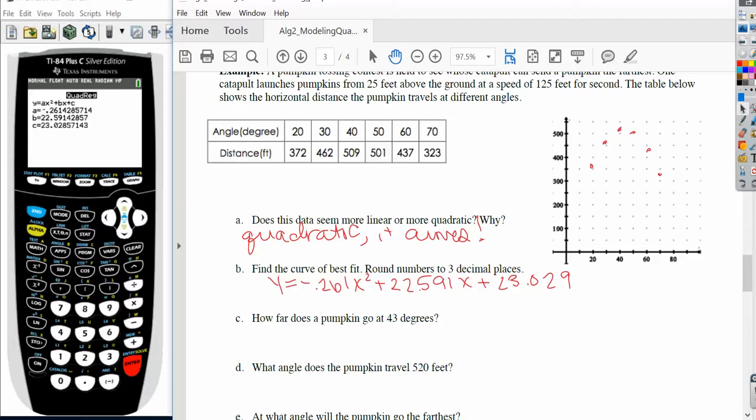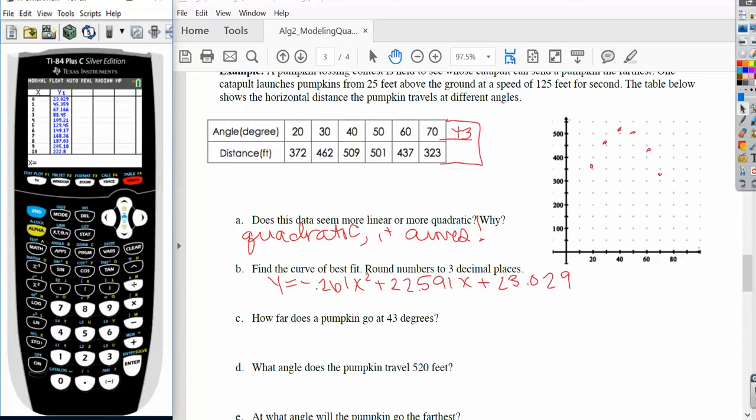All right, so let's look at it. It says, how far does a pumpkin go at 43 degrees? So if I look at this table, I'm going to plug 43 in here. I could plug 43 into all of my x's, but because I did the reg EQ, I can do second graph to get my table and scroll to 43. This will take forever because this calculator's slower.